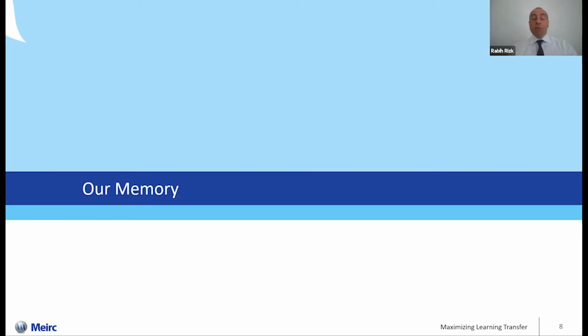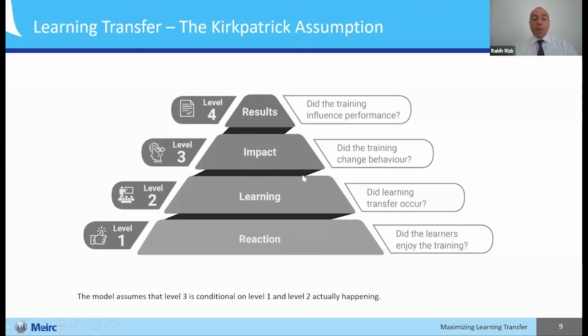And certainly when we say classroom, we don't exclusively mean the physical classroom. A classroom can be virtual, like the one that we are having right now. But any kind of learning transfer certainly goes through our memory. So having said that, let's explore a little bit what about our memory that we need to know.